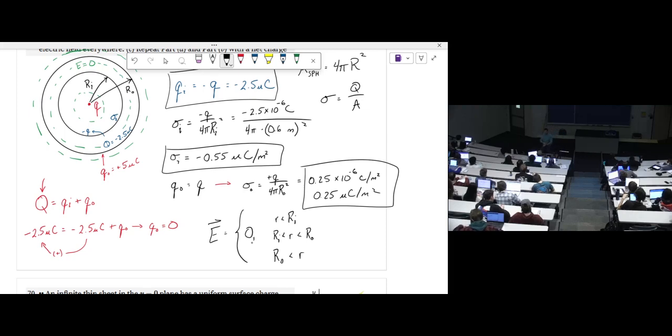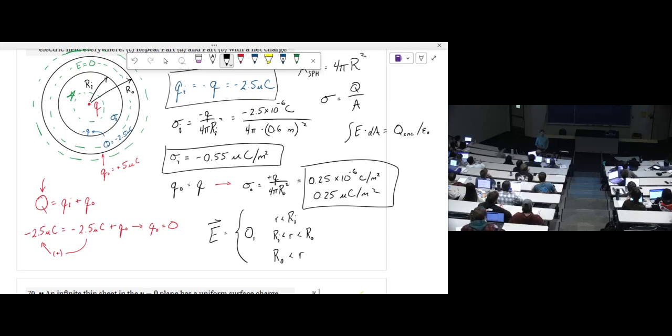But if we think about this region right here, where we're inside both shells, then Gauss's law states that the flux, or E dotted into an area that we integrate over, is equal to how much charge is enclosed by that area divided by epsilon naught.